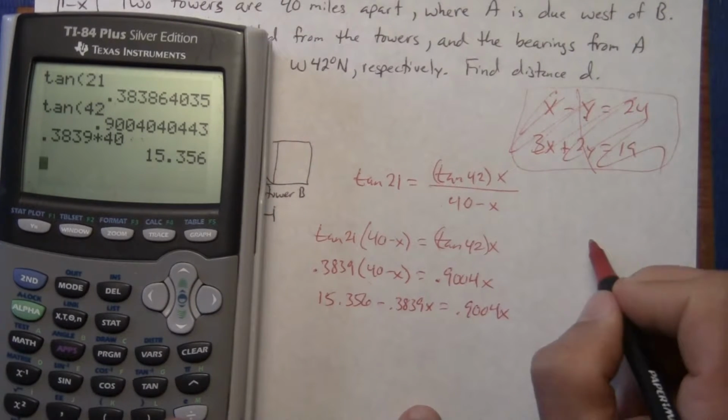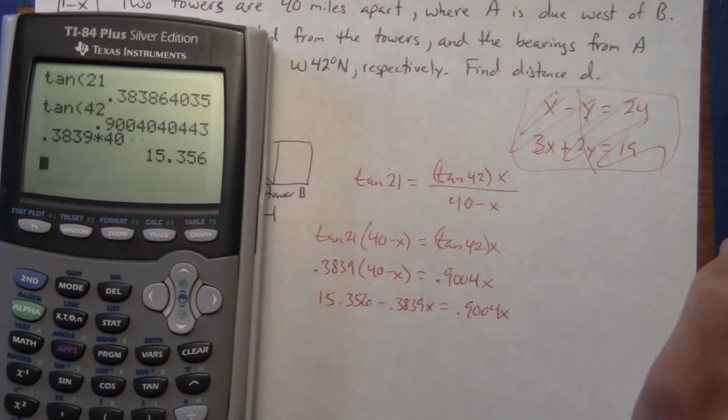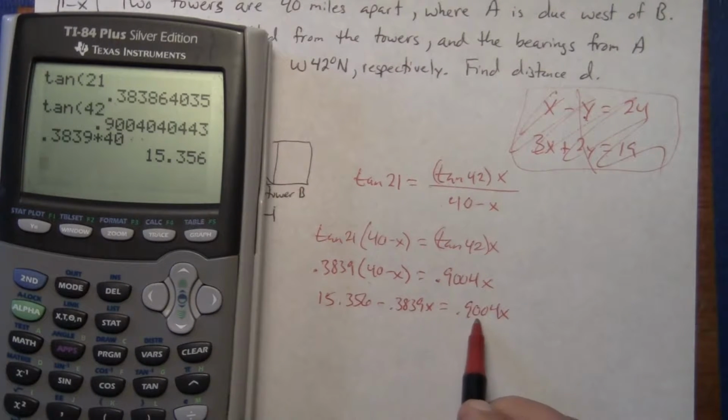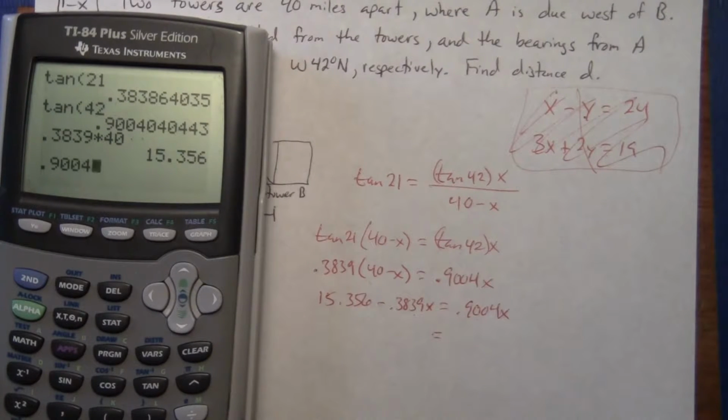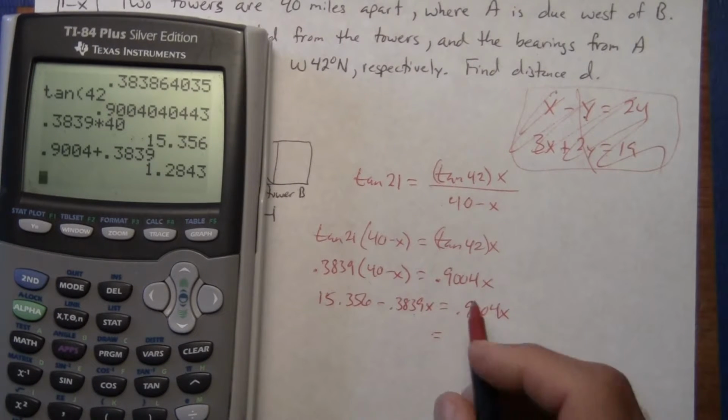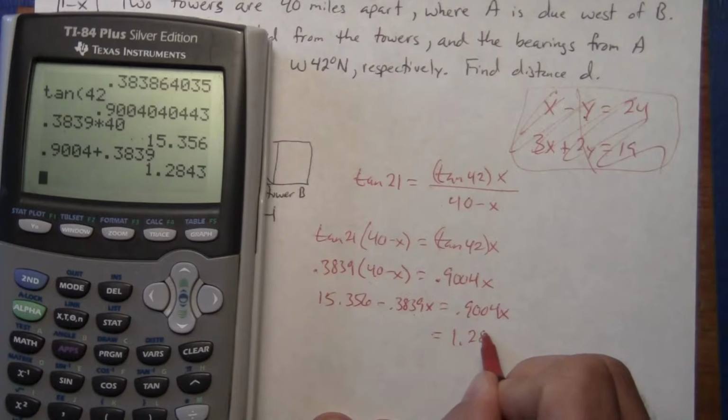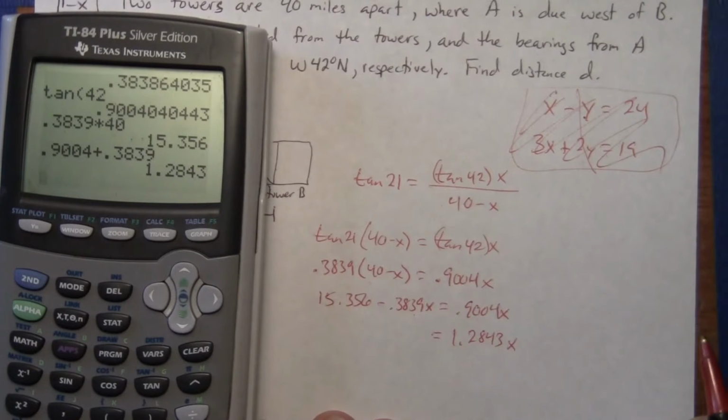And now I know it doesn't look anything like 5 minus 3x equals 6x, but it's the same thing. You have two x terms, you need to combine them or get them on the same side. So I'm going to add the 0.3839 to the other side. So if I have 0.9004 and I add 0.3839, hit enter, looks like I have a total of 1.2843x on the right side.